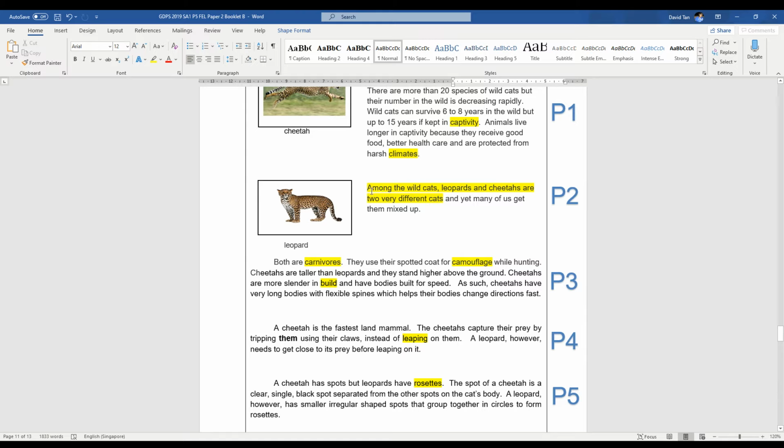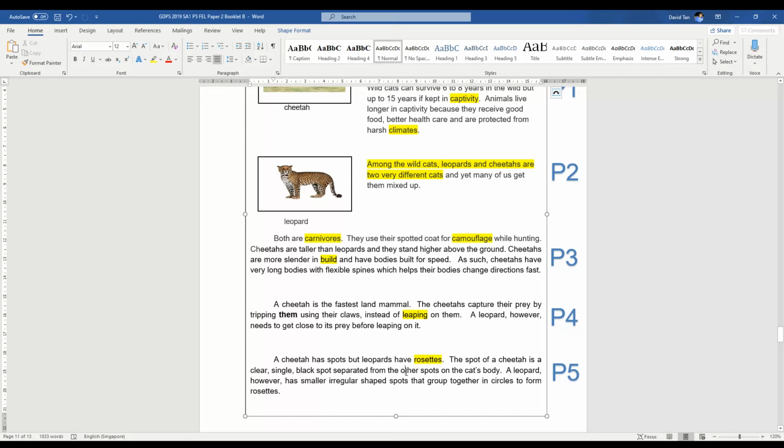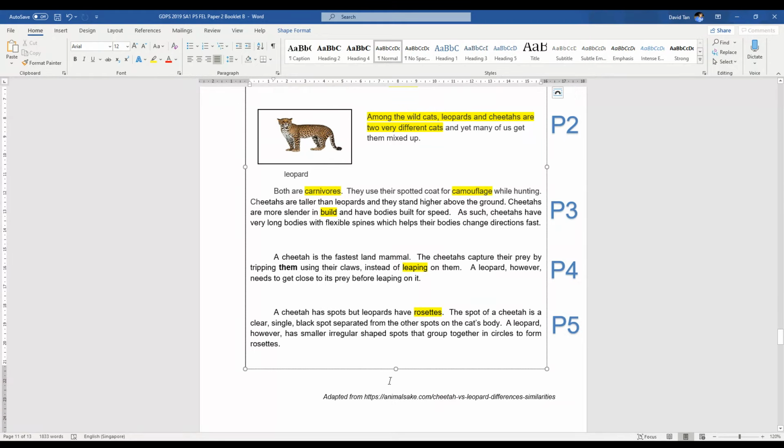Okay, it says here in paragraph 2 that the leopards and cheetahs are two very different cats. And I need to read paragraph 3, paragraph 4, and paragraph 5 to find the differences. Cheetah versus leopard. I need you now to look at paragraph 4 and paragraph 5 and highlight your answers.